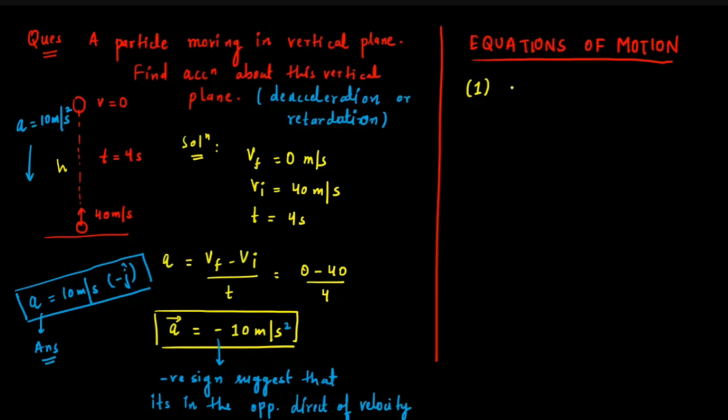The first is V final minus V initial equals acceleration times time.